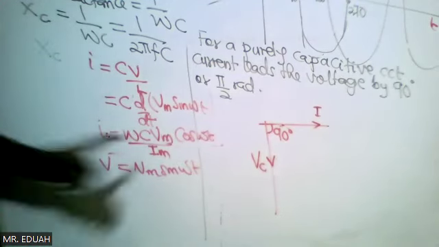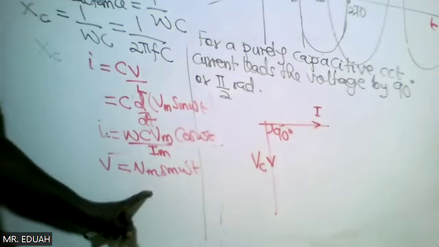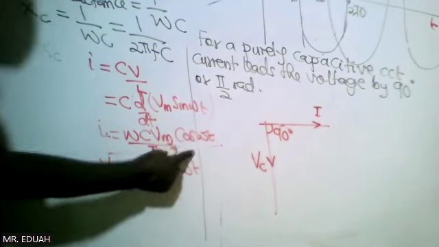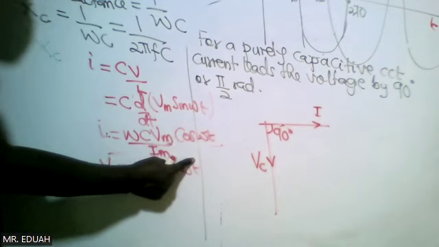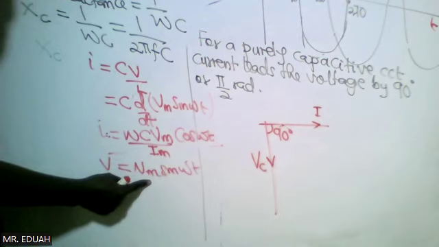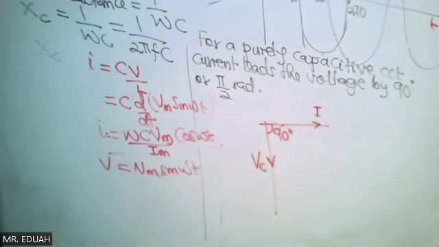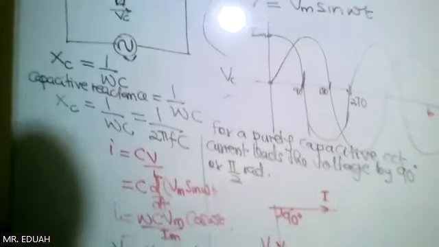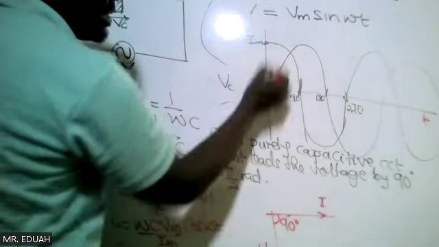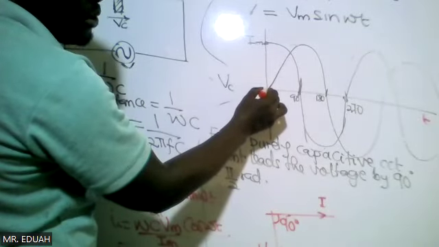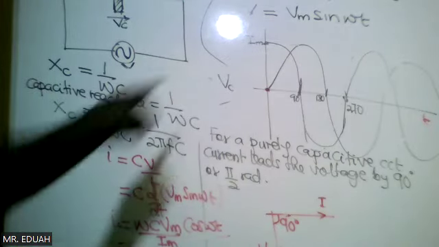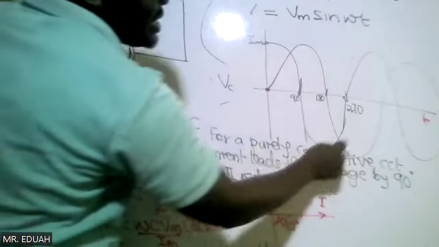So when you plot these two on the same graph against time, because this is a cosine function, it always starts from the maximum value. This is a sine function, it always starts from 0. So the graphical representation of I and V is this. When voltage is starting from 0, current is already at maximum, meaning that the current always leads the voltage.